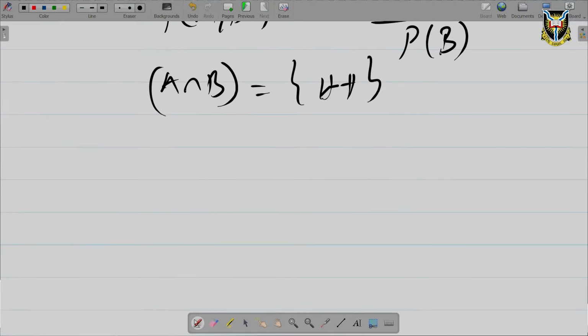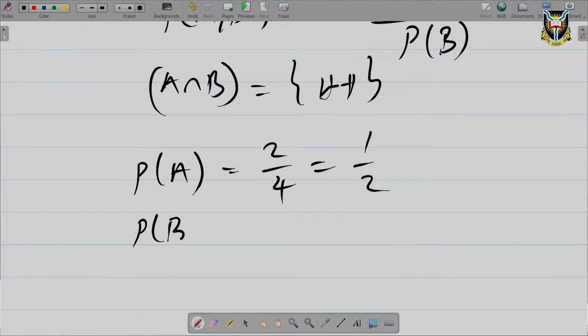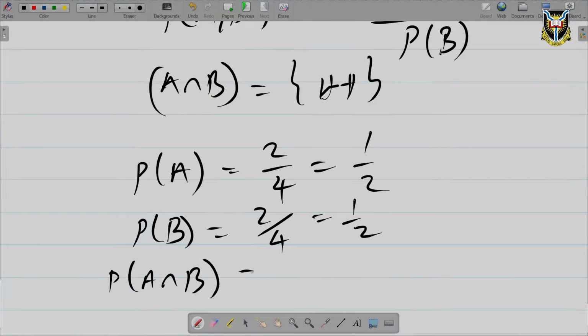The probability of A will be 2 over 4, which equals 1 over 2. Probability of B is also 2 over 4, because there are 2 outcomes in B and we have 4 listed in the sample space, so 1 over 2. Then probability of A intersection B equals 1 out of 4.